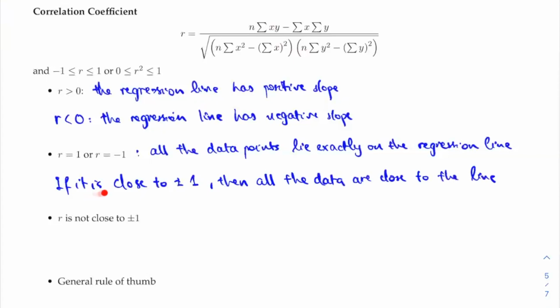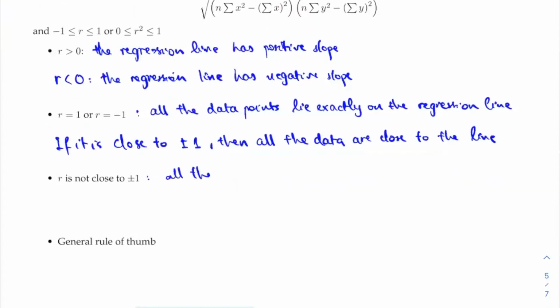In other words, the data points are close to the line. When R is not close to +1 or -1, that means the data are not going to be close to the regression line, and the fit in that case is not going to be a good one.